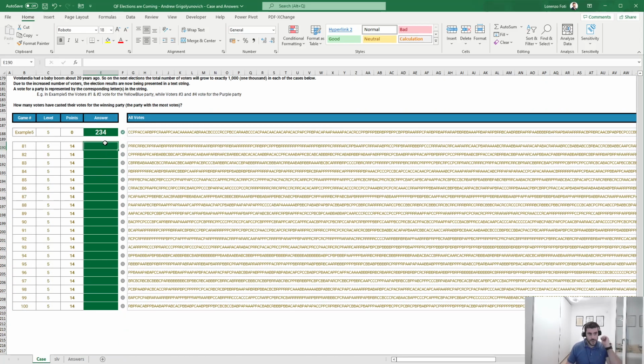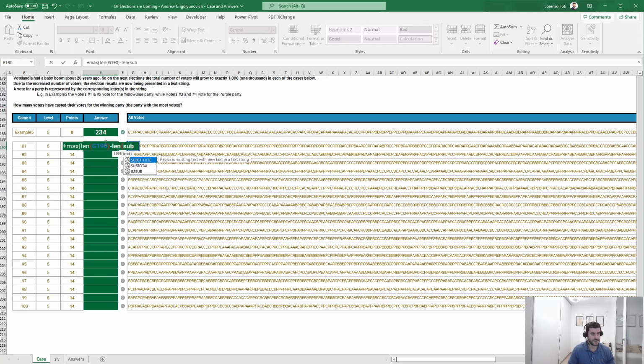And then it will be a max of LEN of this minus LEN of SUBSTITUTE this with codes new and nothing.